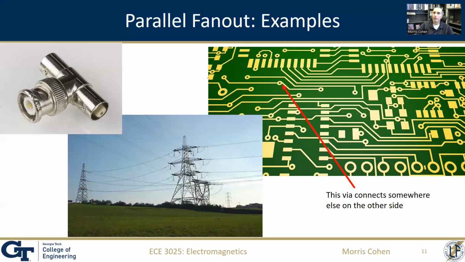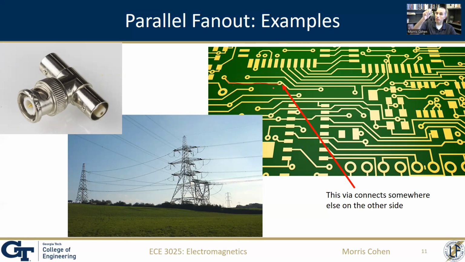But here's kind of a diagram of how a circuit board might look with different traces on it, right? The gold color or copper or metal traces that are basically wires. So here is a transmission line right here that is running along, and it encounters this little circle right here. This circle is called a via.